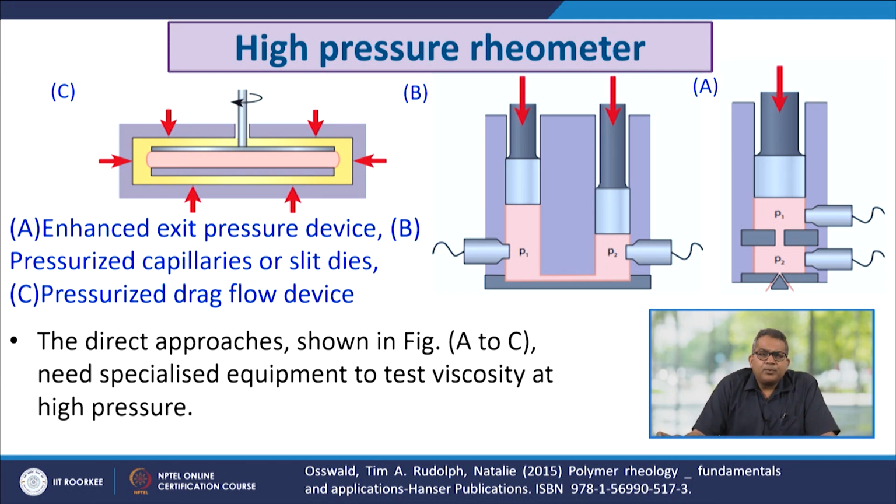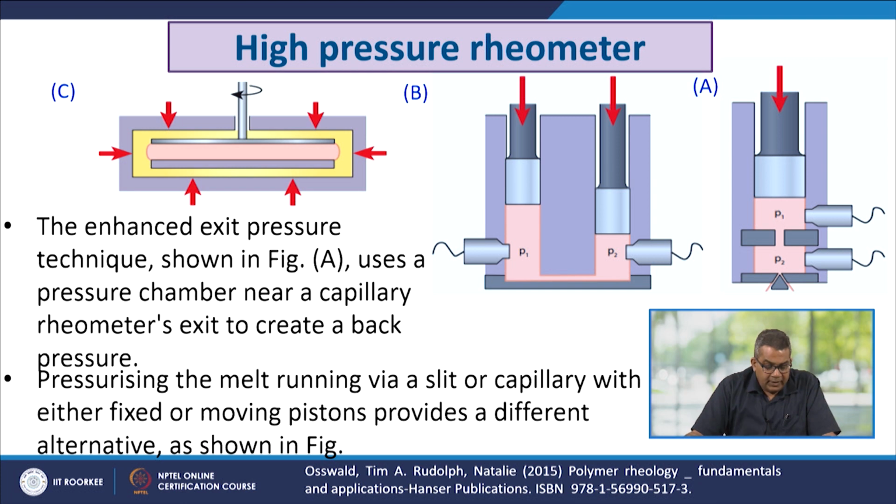The direct approaches shown in these three figures need specialized equipment to test viscosity at high pressure. The enhanced exit pressure technique is shown in this figure. This uses a pressure chamber near a capillary rheometer to create a back pressure. Pressurizing the melt running through a slit or a capillary with either a fixed or moving piston provides an alternative.